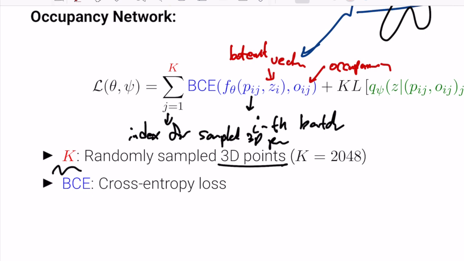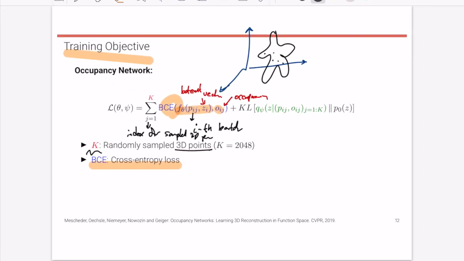Because occupancy as training data is a binary label, we can define the similarity between the output of the mapping function and the current occupancy as a BCE, cross-entropy loss, because this is a binary classification problem. Ideally, this loss function is enough to train the parameter theta.